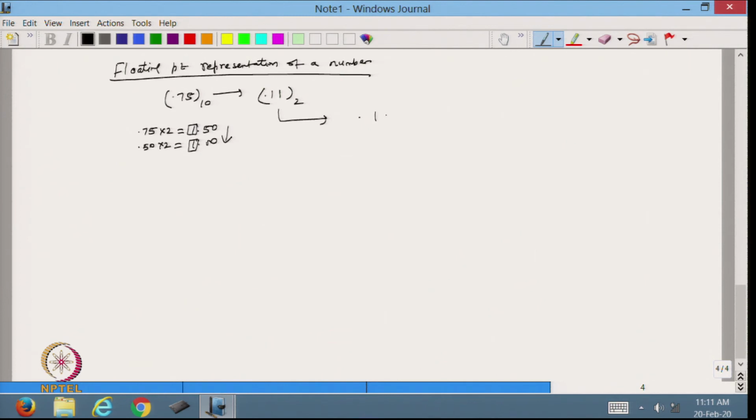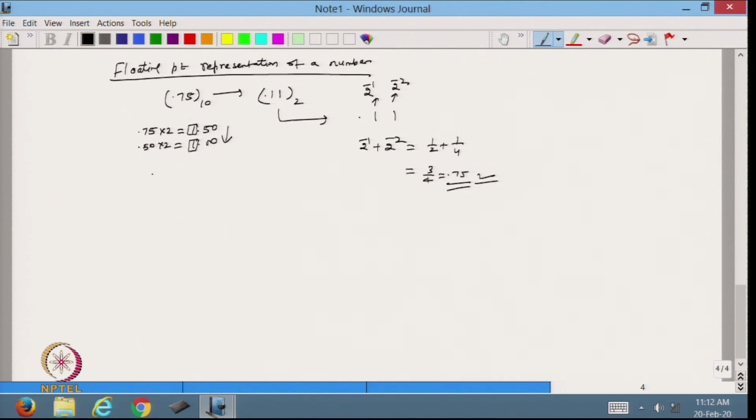It is 0.11, so the first digit goes to 2 raised to power minus 1, and the second goes to 2 raised to power minus 2. So it gives 2 raised to power minus 1 plus 2 raised to power minus 2, that is 1 by 2 plus 1 by 4, that is 3 by 4. And 3 by 4 is 0.75. So that is verified.